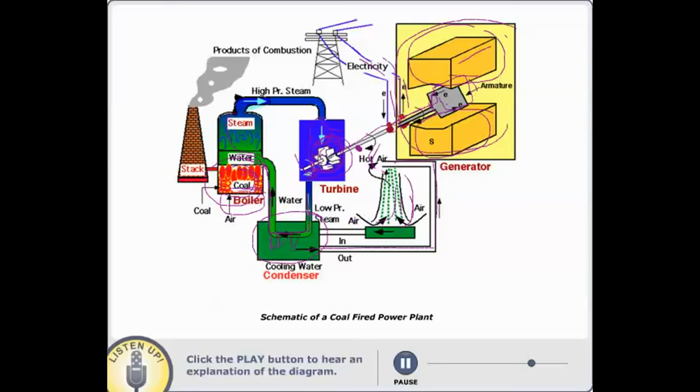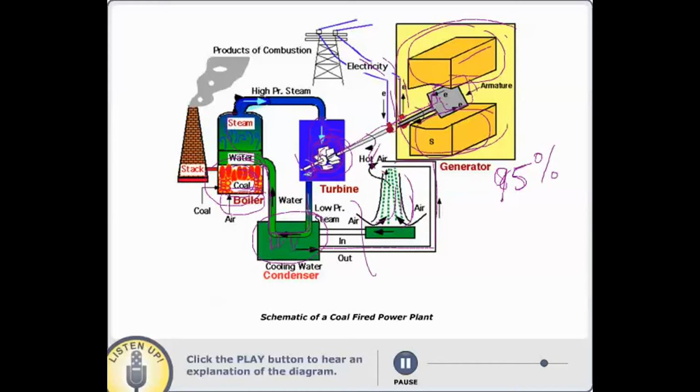That is the reason this turbine part is notoriously inefficient, and the boiler part is pretty good actually. It's about 90% efficient. This is about 40% efficient. But once we turn this thermal energy into mechanical energy, the conversion into electrical energy is pretty efficient. This generator is almost 95% efficient.